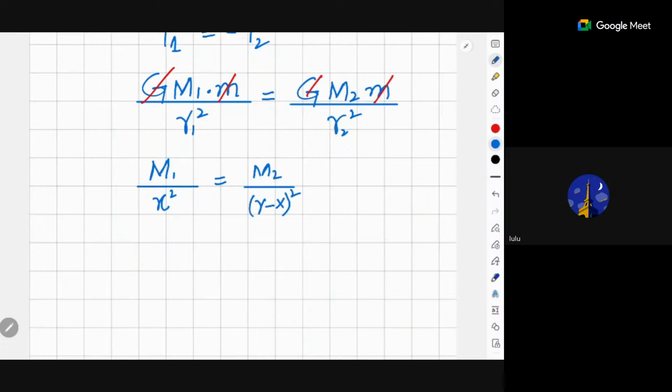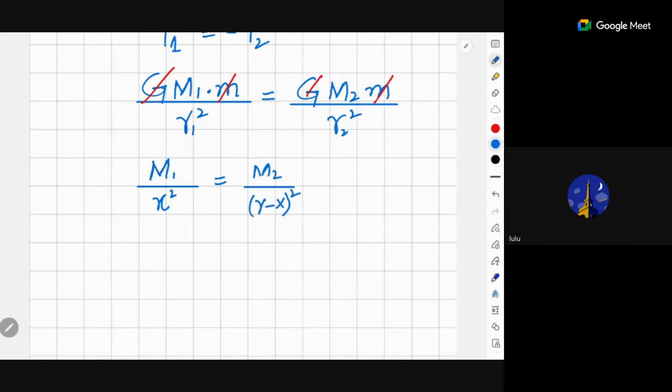Right? So this ratio gives you very interesting information. You can calculate the ratio of masses of two planets, and you can calculate the distance of the null point.